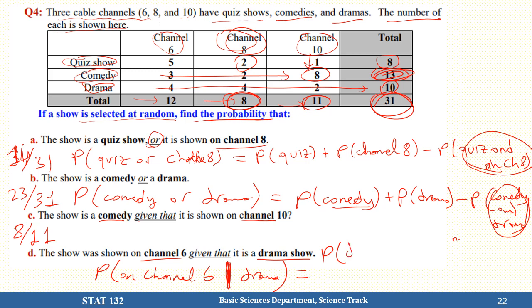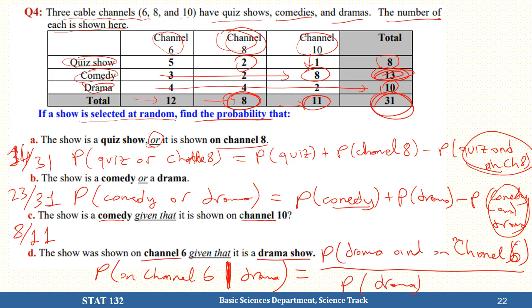What's the probability that it's a drama and on channel 6, divided by the probability that it's a drama? So if you calculate drama and channel 6, let's check.